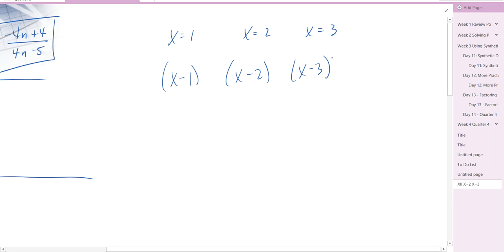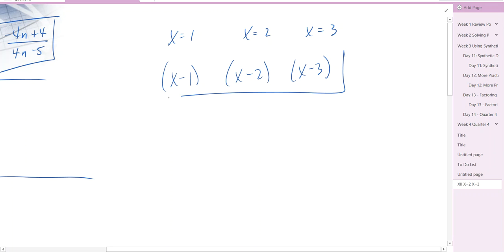If you recall, we have to switch the signs of these solutions, and the reason for that is because of the answer to a question like this: when does x minus 1 equal 0? Well, that happens when x is equal to 1. So because the solution to this equation is at the number 1, then we write the factor x minus 1.